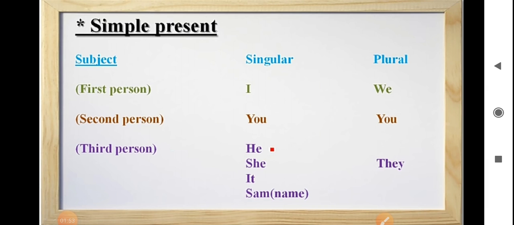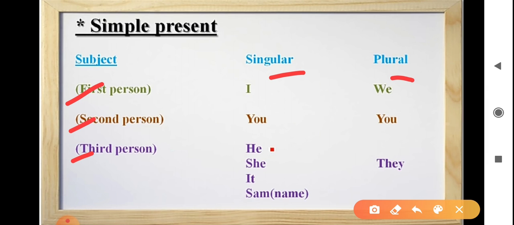Before moving further, we should learn about the subject. Subject has three types: first person, second person, and third person. All three types have singular and plural forms. I and we are first person, in which I is first person singular and we is first person plural.